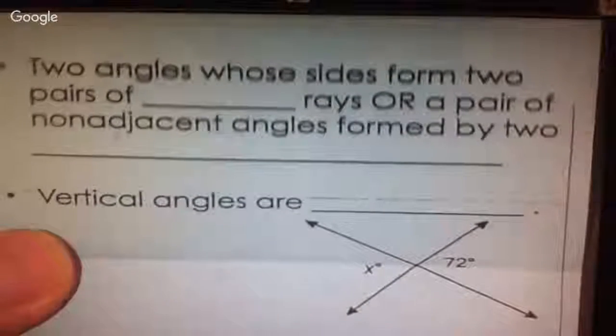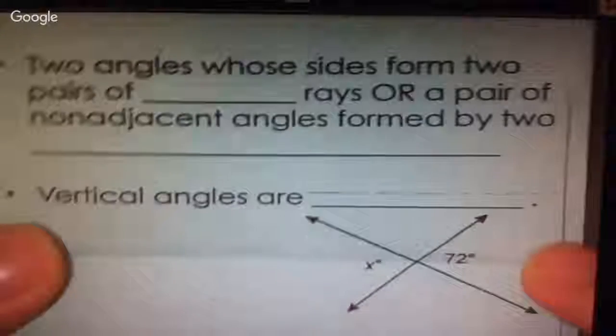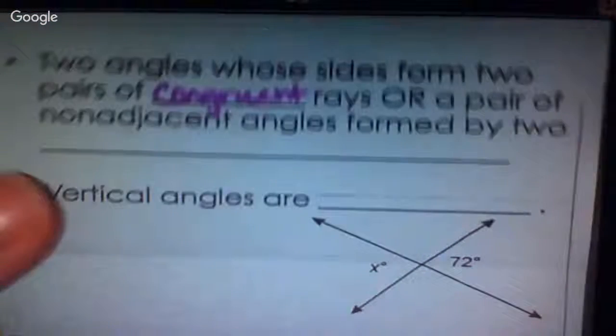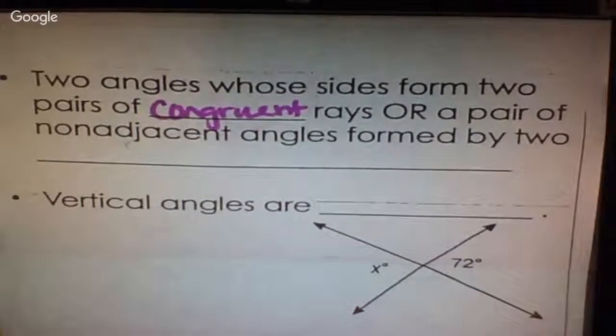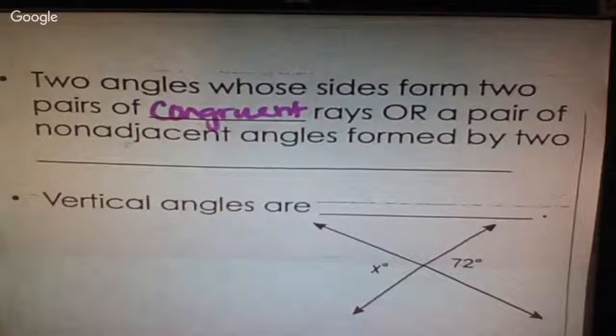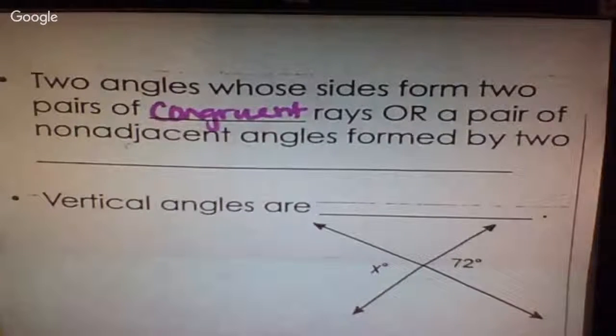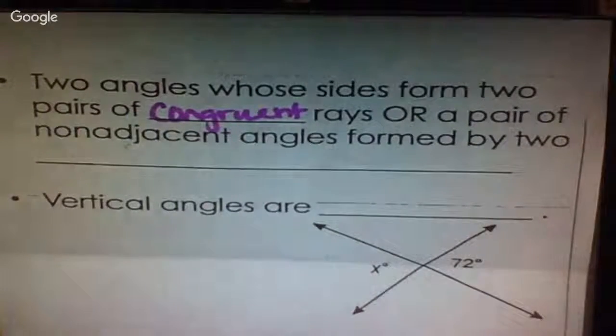Two angles whose sides form two pairs of congruent rays, or a pair of non-adjacent angles formed by two intersecting lines.